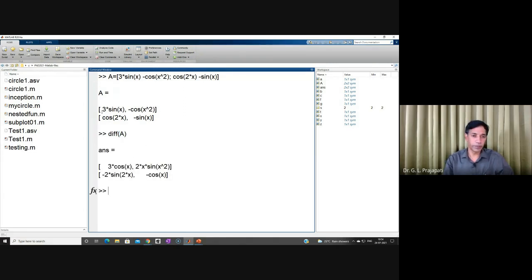So the answer is 3 cos x, and here you have 2x sin x square, minus 2 sin 2x, minus cos x. This is the same answer. So you can run it with MATLAB and you are getting like this.